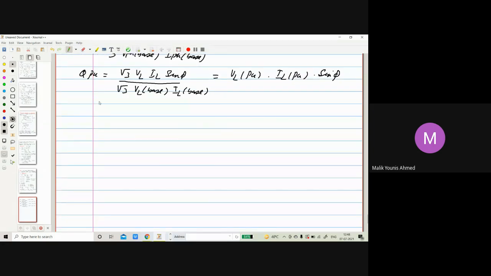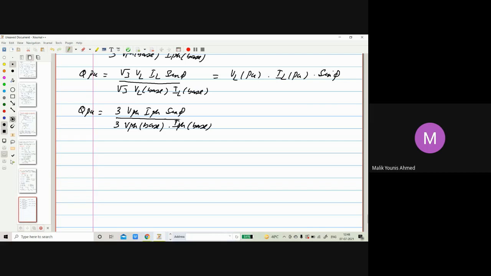Let us get the same values in case of Q per unit in the phase values. So that will be 3 V phase I phase sine of phi, because Q value will be in terms of this, whereas SB value in terms of phase will be 3 V phase base into I phase base.